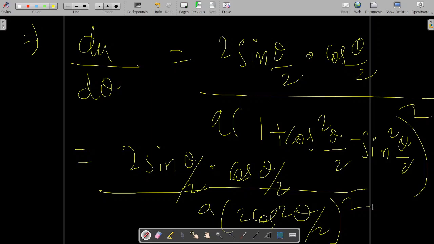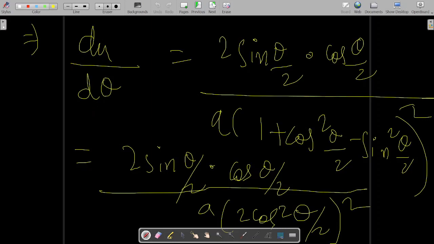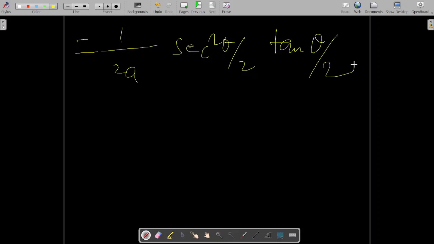When you simplify this further, you will get 1 over 2a sec square theta by 2 tan theta by 2. So du by d theta has come out like this.